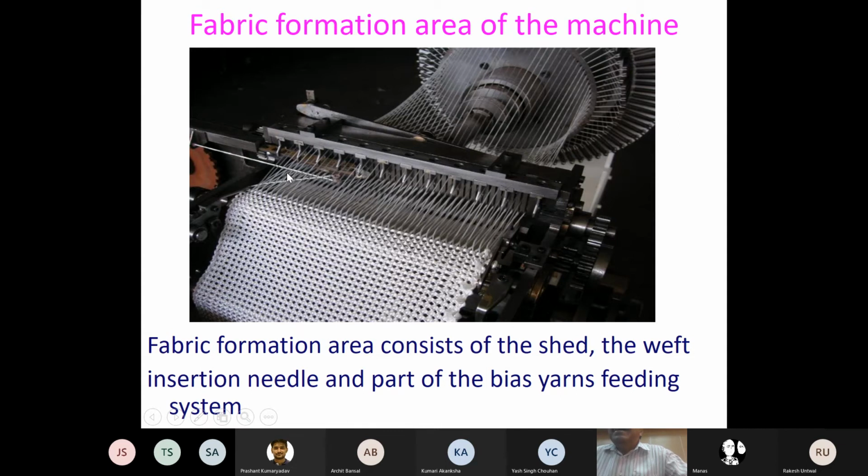That means at every loom cycle, two weft yarns will be inserted, because this needle carries the weft yarn, comes to this point, and it will go back empty when this yarn is held here by a hook. Means in every pick cycle, two weft yarns will be inserted.